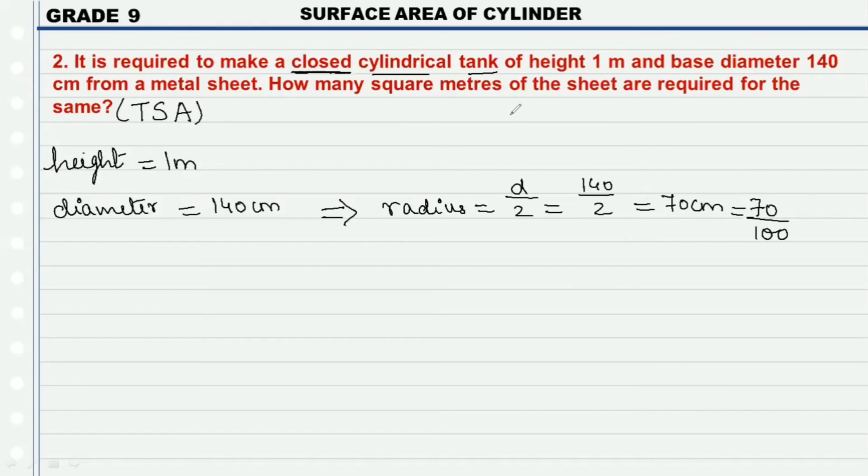Isn't it? 1 meter is equal to 100 centimeter. So 1 centimeter will be 1 upon 100 meters. You can do it either way. You can convert height into centimeters or diameter or radius into meters. Anyways, both will be correct. So here 0, 0 cancel and it will be 0.7 meters.